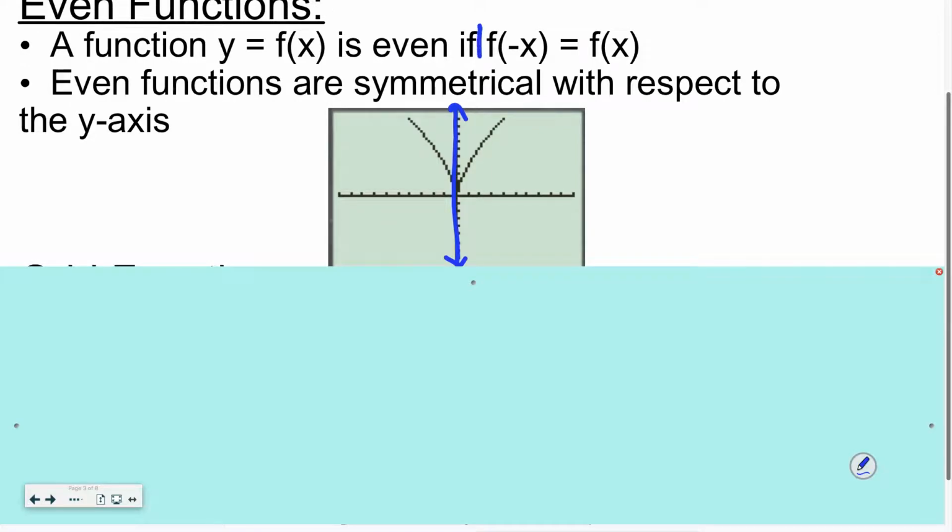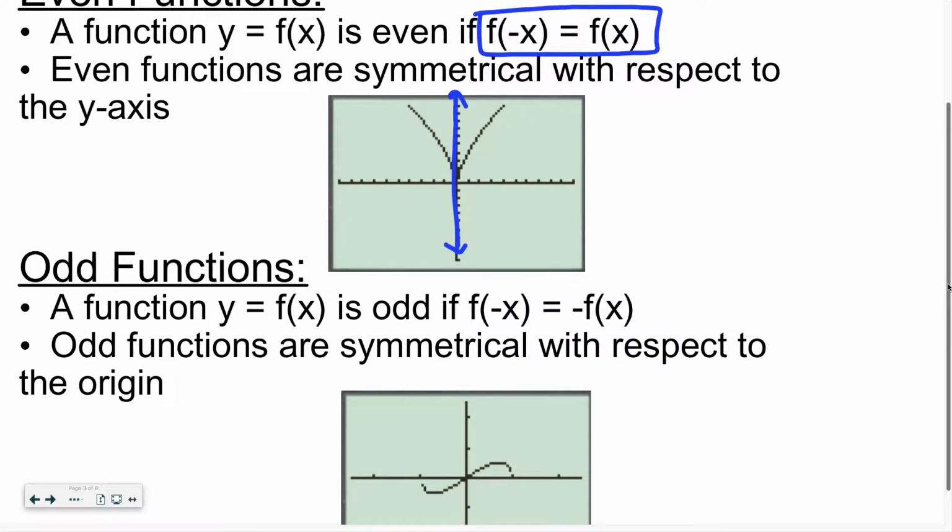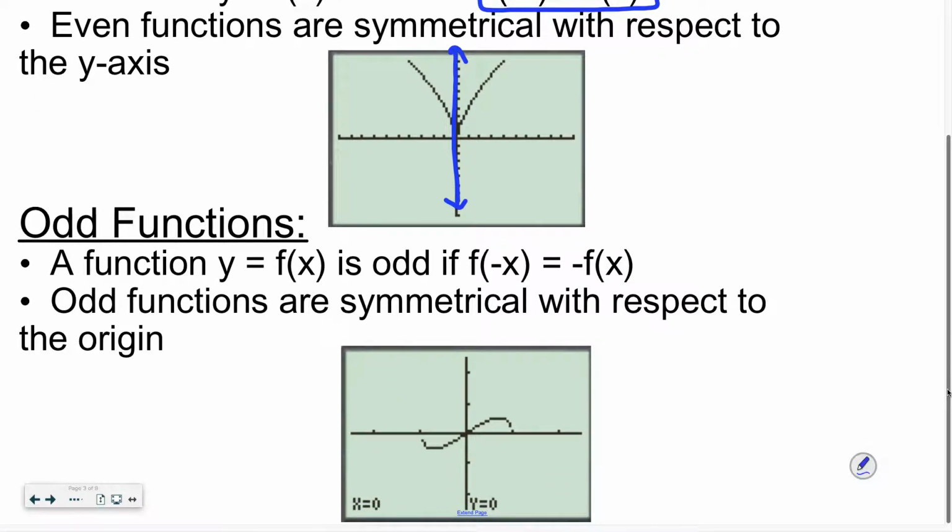Okay. So on the flip side, we have an odd function. So an even function, there's its algebraic definition, and then with a picture. An odd function, its algebraic definition is that f of negative x equals negative f of x, which is going to create symmetry about the origin. Okay, so if you took notes from your reading, you probably have this written down.